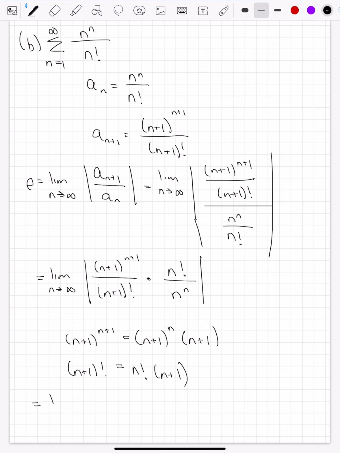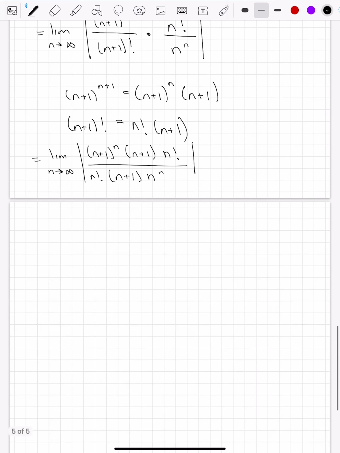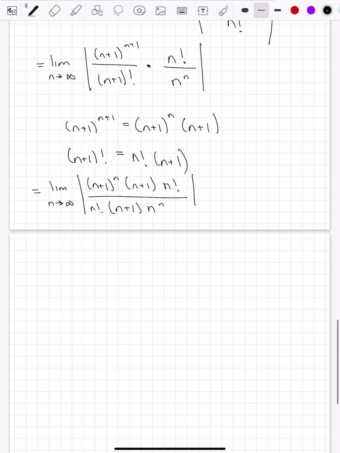So the limit becomes the limit as n approaches infinity of the absolute value of n plus 1 to the n times n plus 1 times n factorial all over n factorial times n plus 1 times n to the n. Okay, did I write all of that down right? Yes.